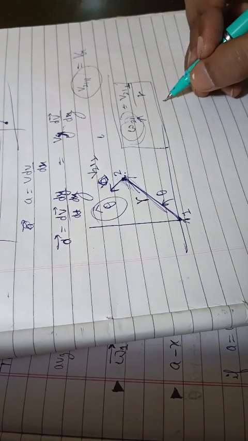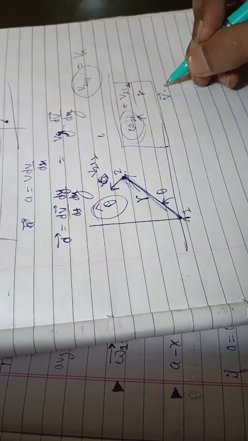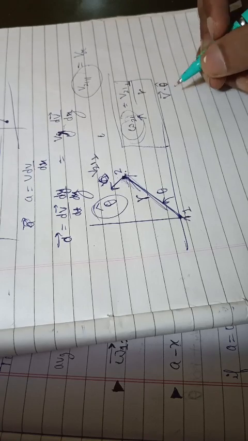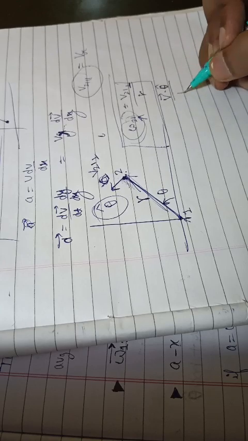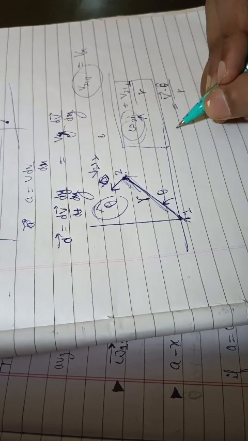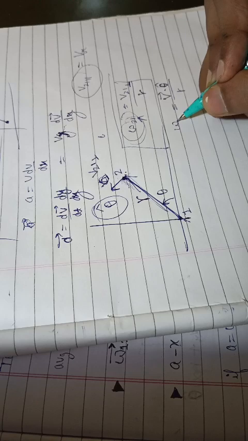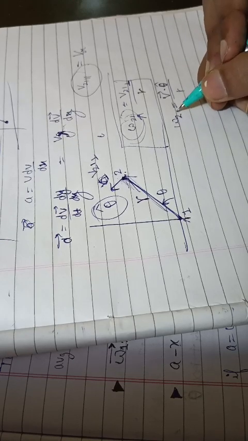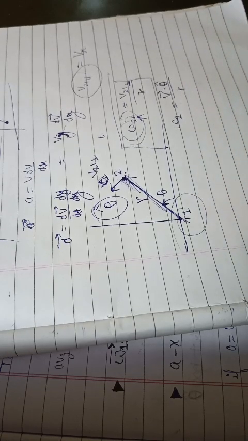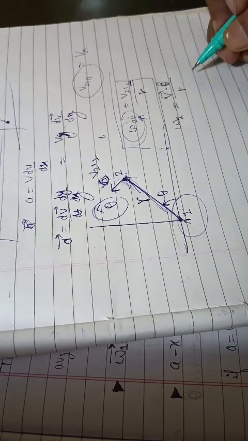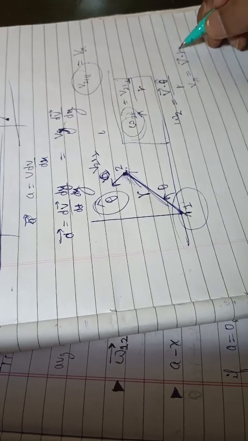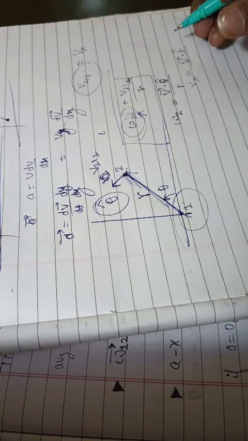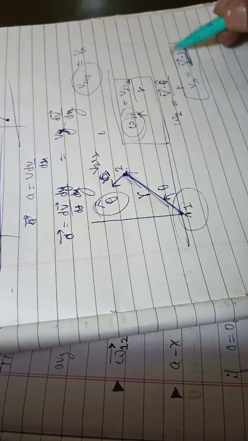So the velocity of the particle dot theta k, divided by the distance, gives omega of any particle with respect to the origin, since it is always at zero velocity. And the radial velocity is given by v dot r k, only v dot r k. So it is a velocity.